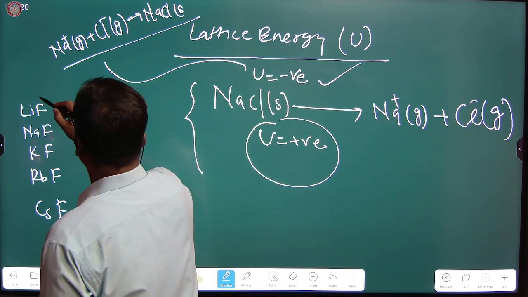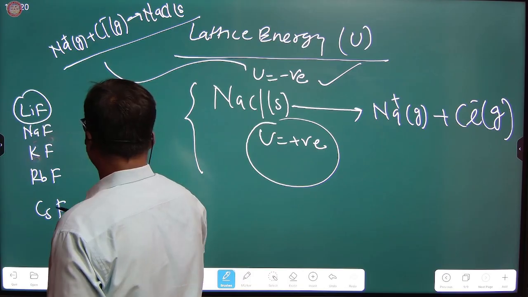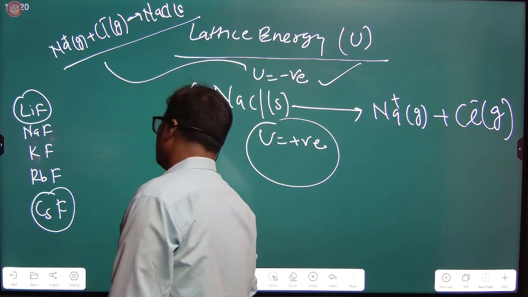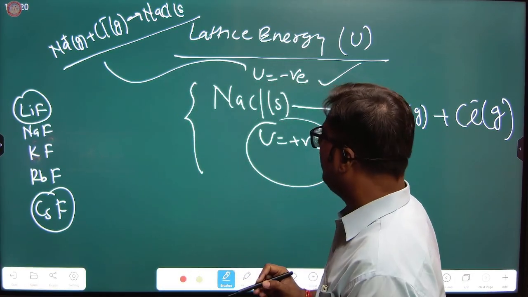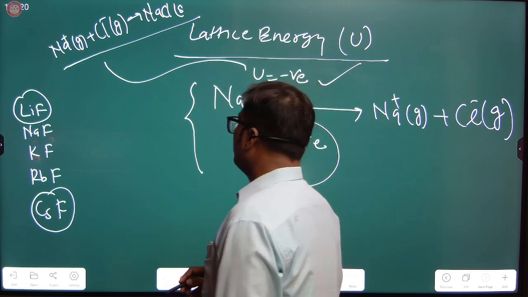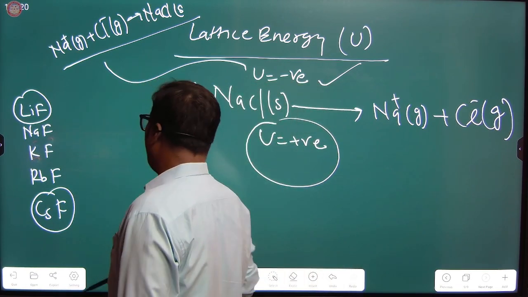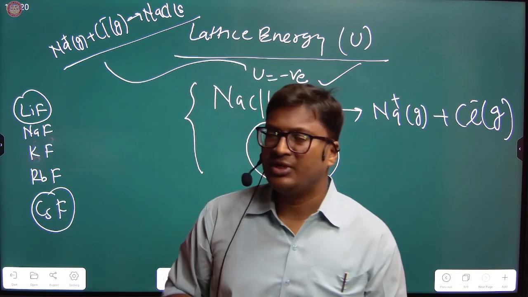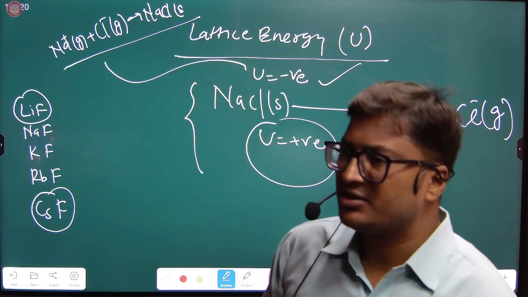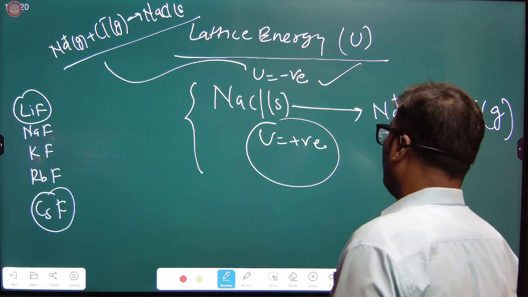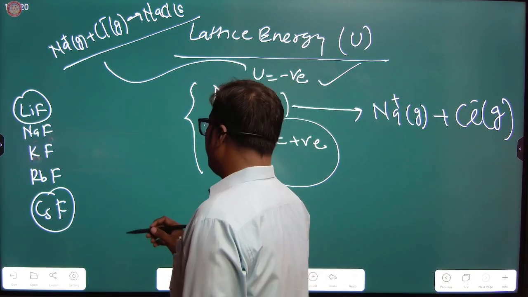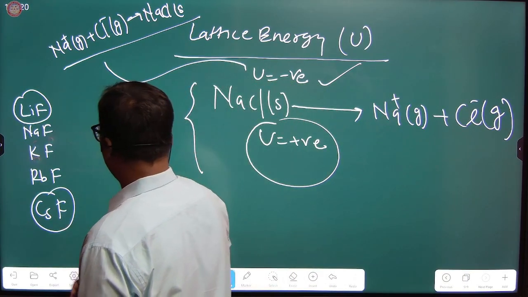So, lithium fluoride and cesium fluoride at the two ends. What order of lattice energy are you expecting? In lithium fluoride, the sizes of Li plus and F minus are smaller compared to the other respective cations and anions in the group.